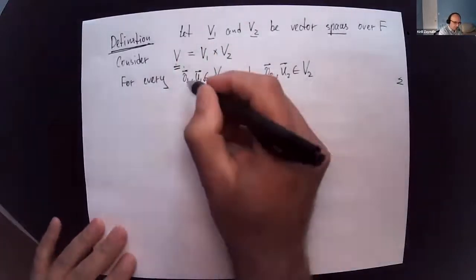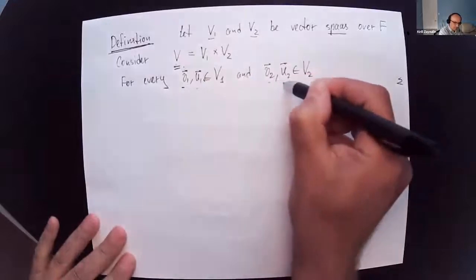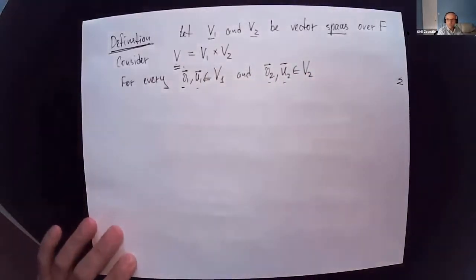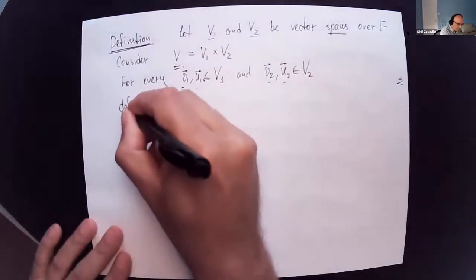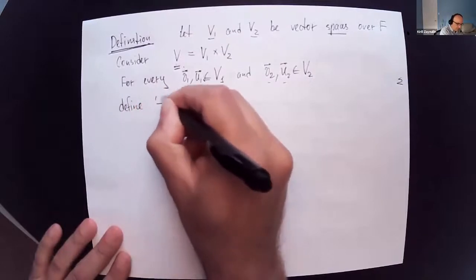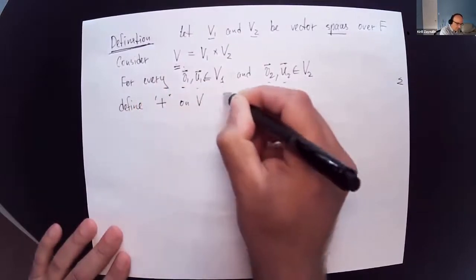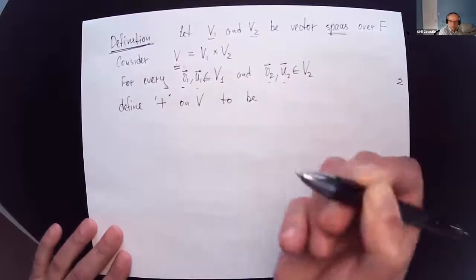Given any two vectors like this, (V1, V2) and (U1, U2), we define plus on V using the following rule.